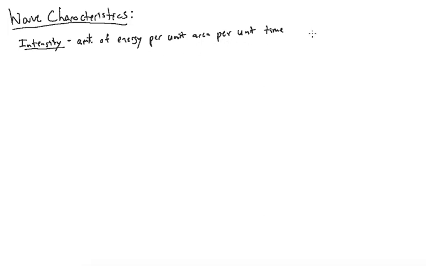But if you look at this, it's essentially energy per area per time, which is just energy per area times time. And this energy per time here is power. So the other way you can look at this is it's the amount of power through a certain area through unit time.